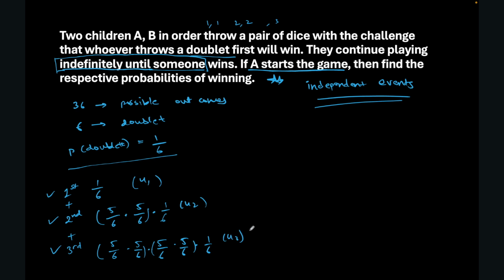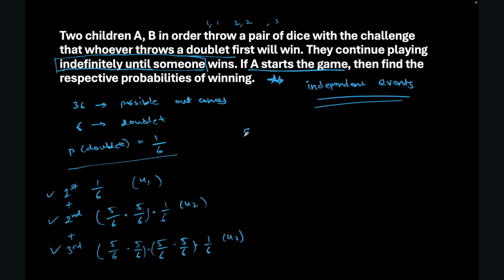And we have to find their sum, because it's happening indefinitely, right? It can happen till un. So we have to account for all the possible situations, infinity situations, which can occur for A to win. And these three are situations where A wins, because A is going first.